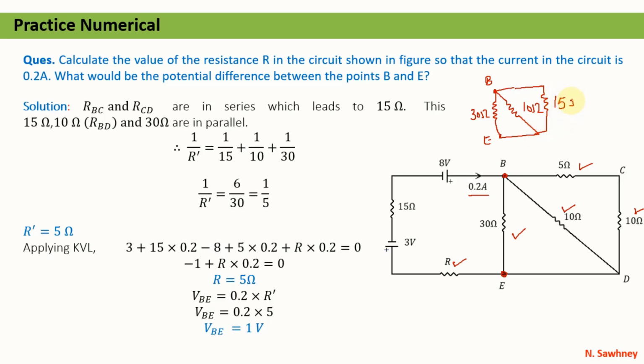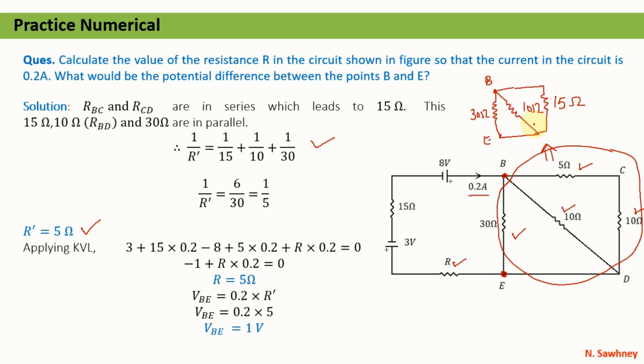So if we look carefully, now these three are in parallel. If these three are in parallel, we can find their parallel combination like this. It comes out that the resistance now is 5 ohm. That means the equivalent resistance of this part of the circuit is 5 ohm.